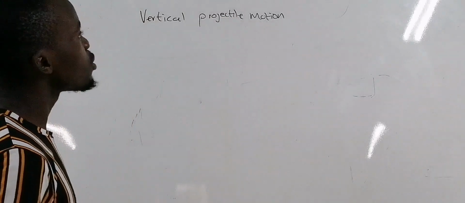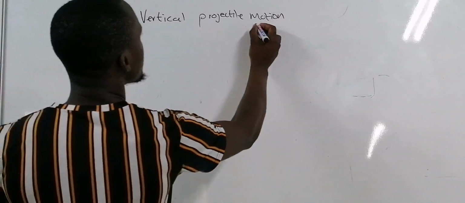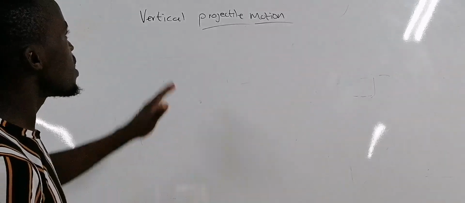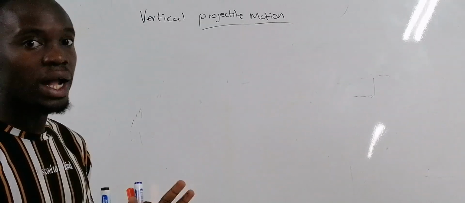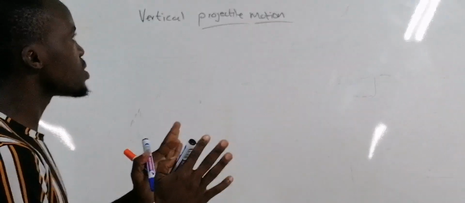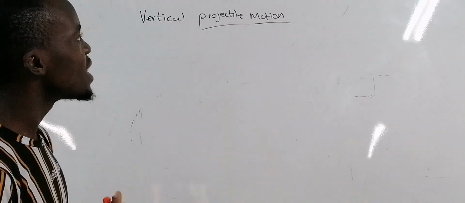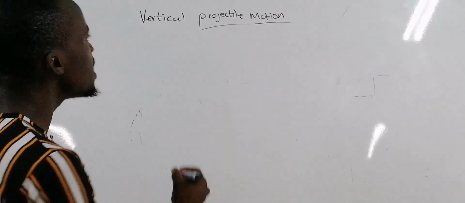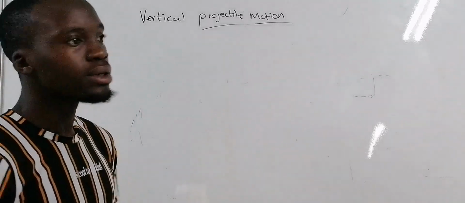Okay, vertical projectile motion. Here we are talking about the motion of a projectile, but we are discussing specifically the vertical one, meaning that we do have the horizontal or slanted motion, but now we'll be discussing the vertical projectile motion, meaning the motion that has up and down.